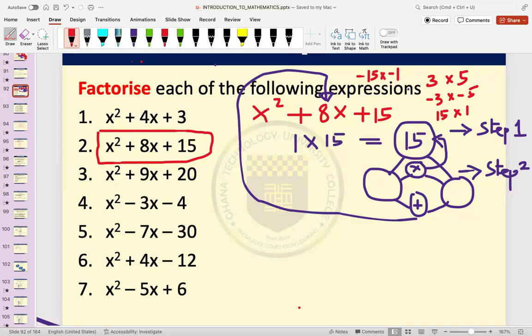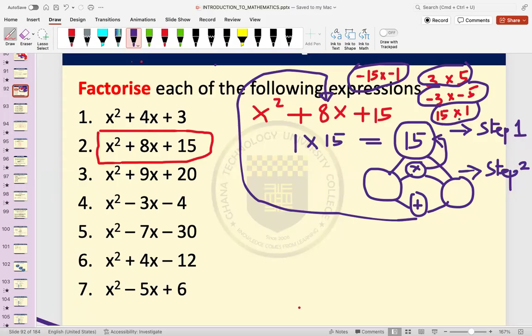So we have 4 options here. But the question is, which of them will give us 8 when we add them? We are looking for 8.